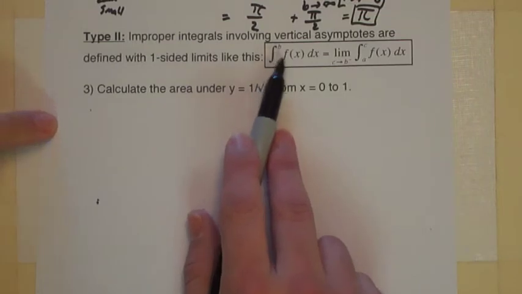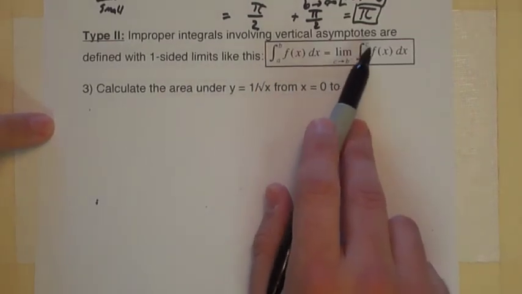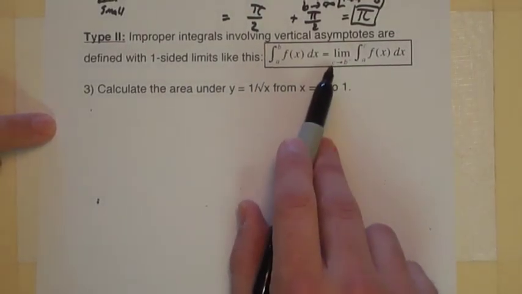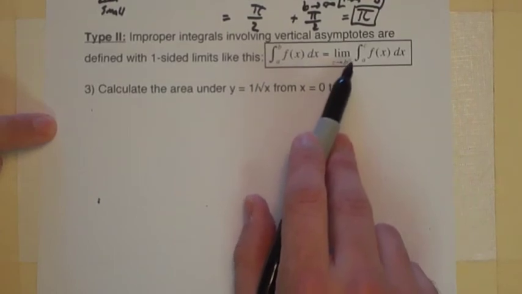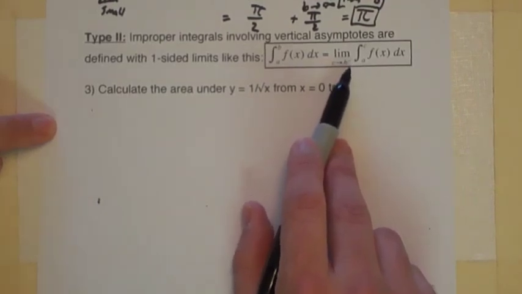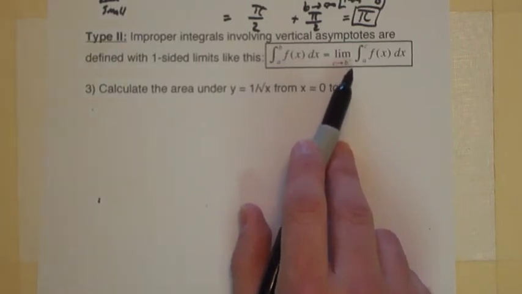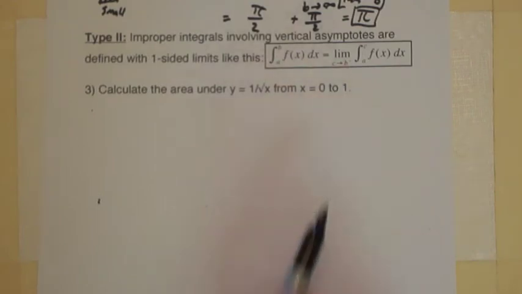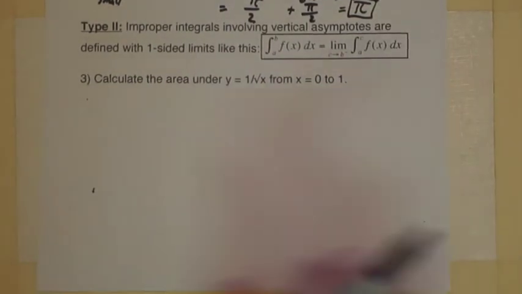So the area from A to B is the area from A to C, and then you push C towards B from the left in this case, or maybe from the right, depending on the picture. You have to draw the picture for these in order to make it clear how to correctly write out the limit. So let's do an example.